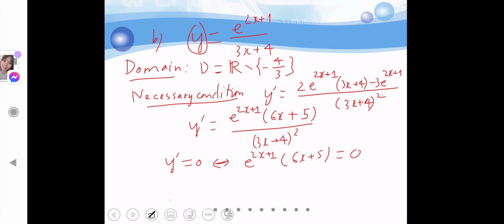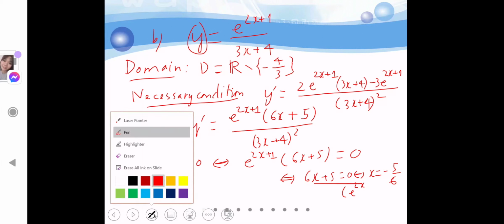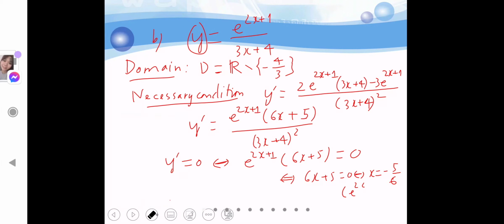Because the exponential function is always positive, 6x plus 5 equals 0 and x equal minus 5 over 6.